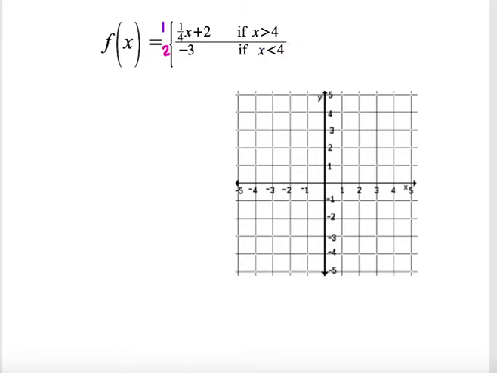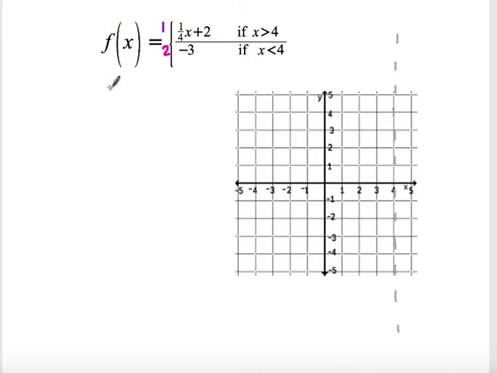So what I'm going to do is put an imaginary boundary line at 4. Now that's not part of our graph. I just know that at one side of that line, I'm going to be looking at 1/4 x plus 2. At the other side of that line, I'm going to be looking at the constant function -3.